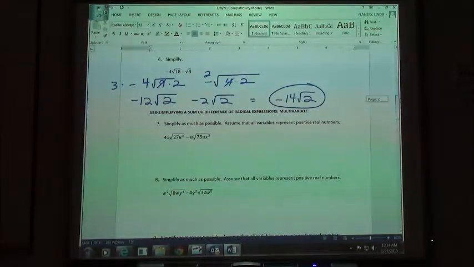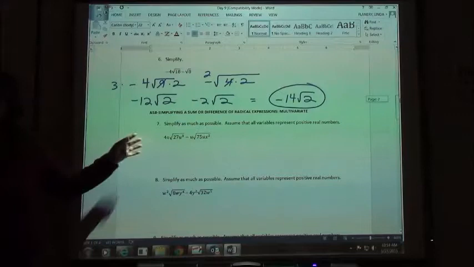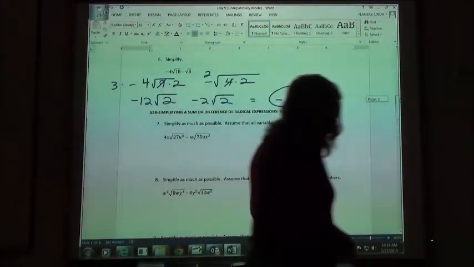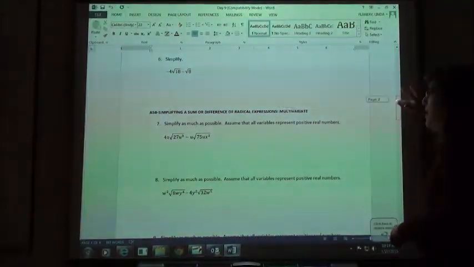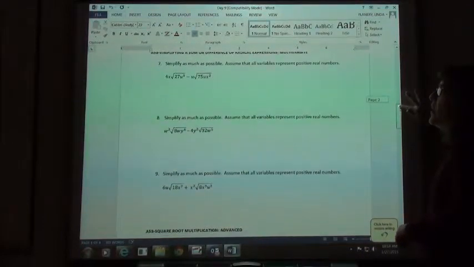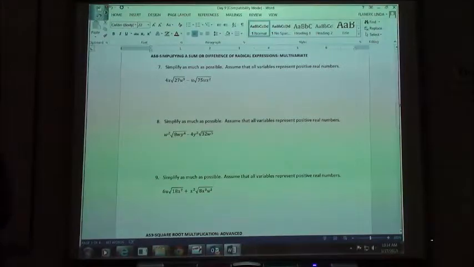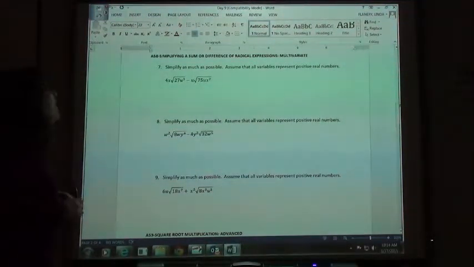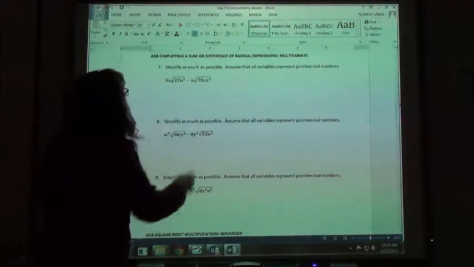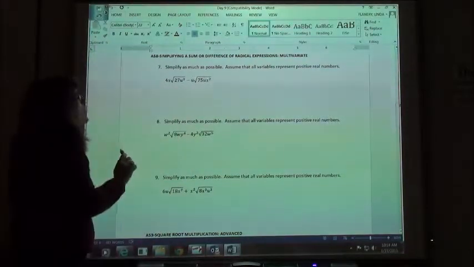So those were the easier ones. Now they get into some crazy looking ones. We're doing the same thing. If we're going to add them, they have to end up being like terms, which means everything but the front numbers should match up. But we have to simplify them first. I have 4x square root of 27u cubed.